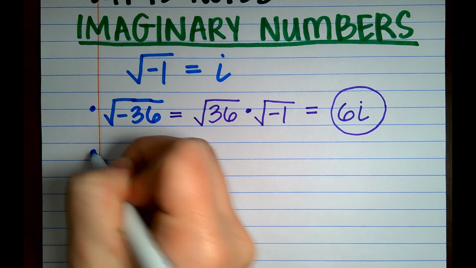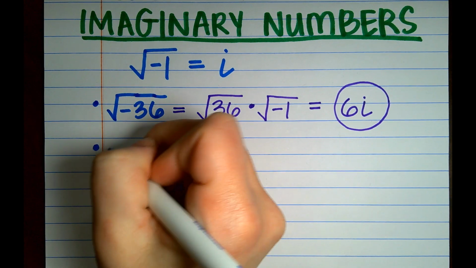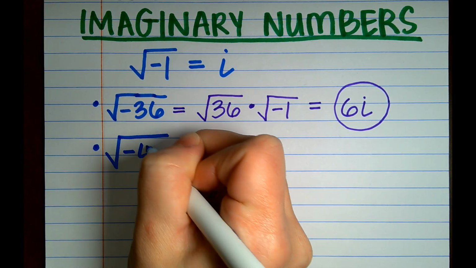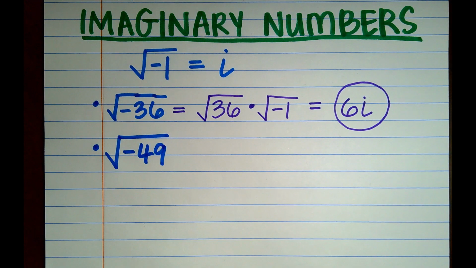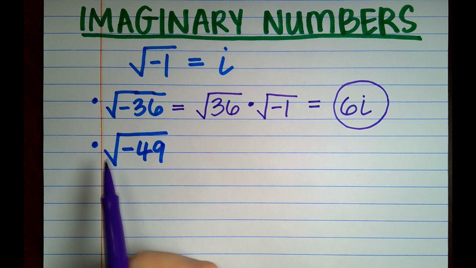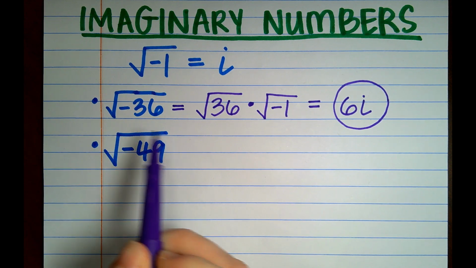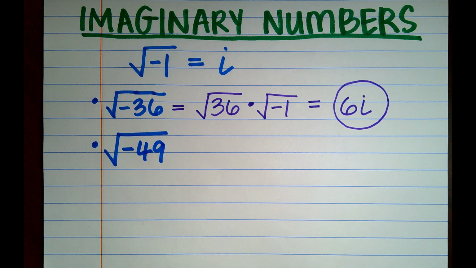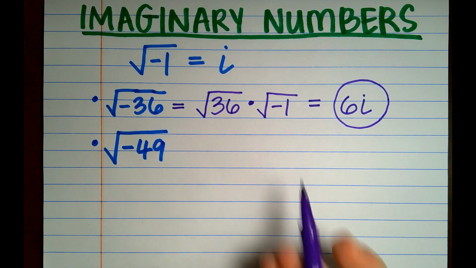What if now I wanted to find the square root of negative 49? I can't find the square root of a negative number. There is no number that when I multiply it by itself will give me a negative answer.